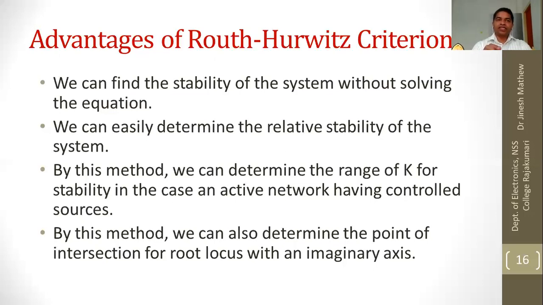We can determine the range of the control variable for which the system is stable. By this method, we can also determine the point of intersection for the root locus with the imaginary axis.